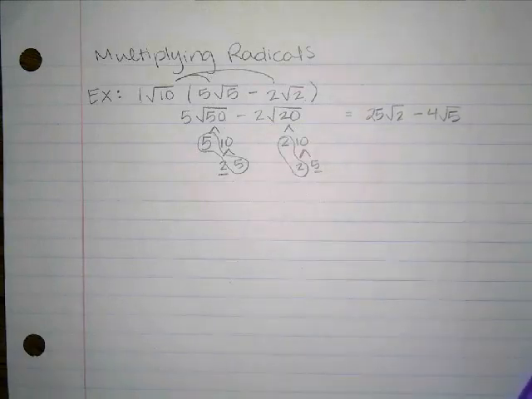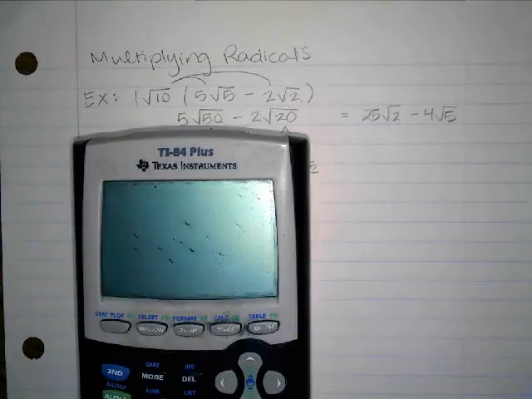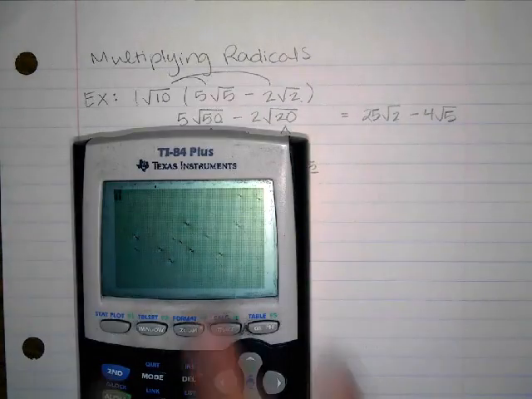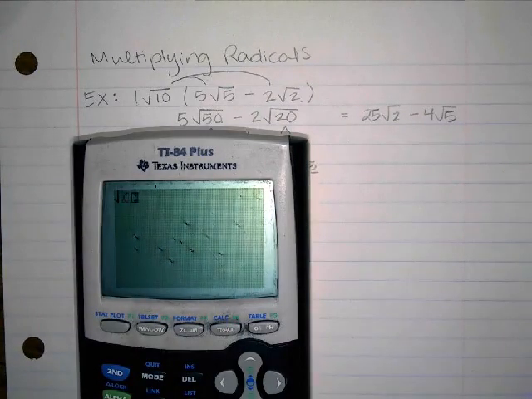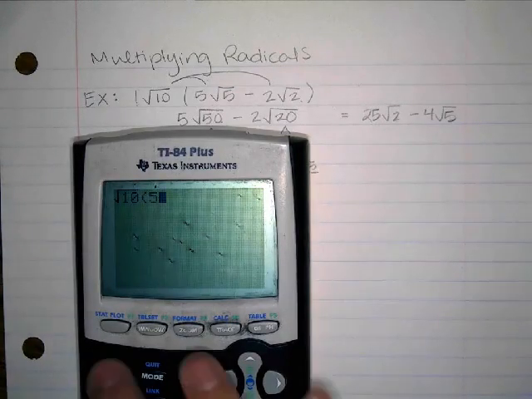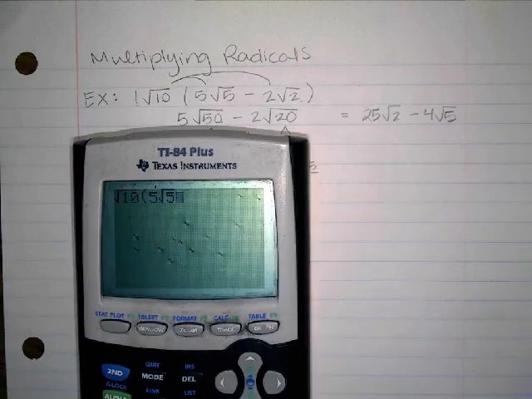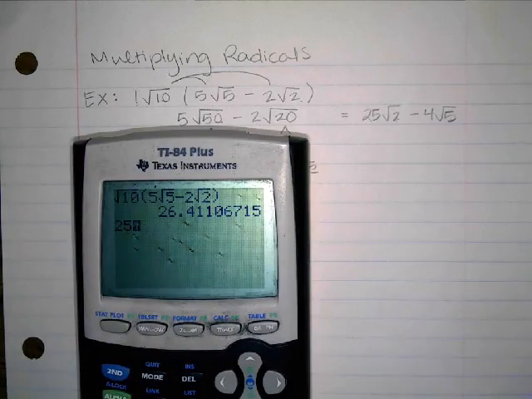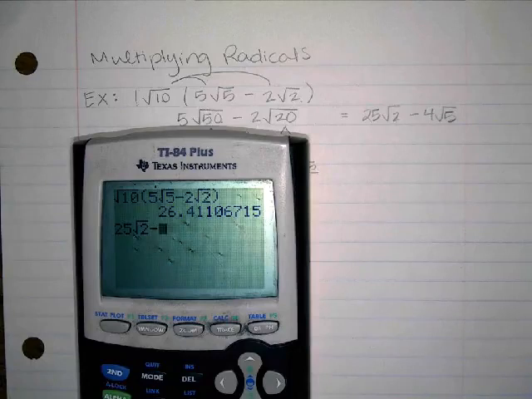If we want to feel good about our answer, we can type in the original problem: root 10 times 5 root 5 minus 2 root 2. And we can make sure that that decimal is the same as 25 root 2 minus 4 root 5.